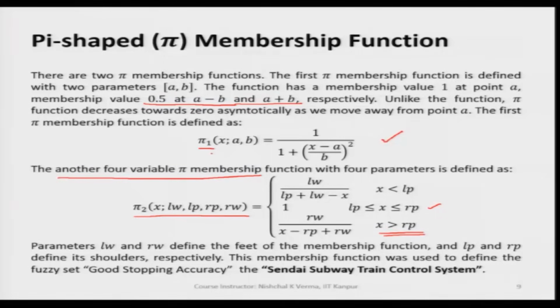Now, the second type of pi membership function, represented by pi 2, is characterized by 4 parameters: Lw, Lp, Rp, Rw. Parameters Lw and Rw define the feet of the membership function, and Lp and Rp define its shoulders respectively.